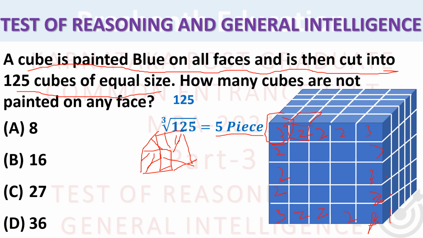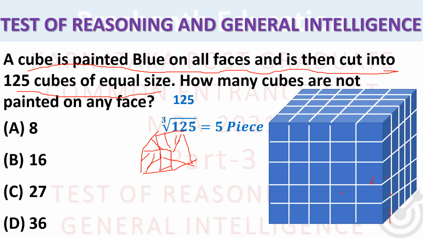Why I am telling this is I will tell you how we calculate. Now again if you take this cube, only one side is painted, one side is painted, one side is painted, and so on. So we know how many faces the cubes will be painted.